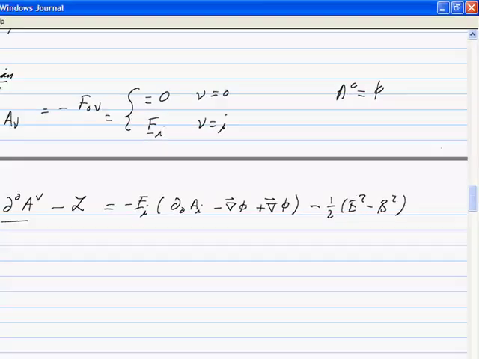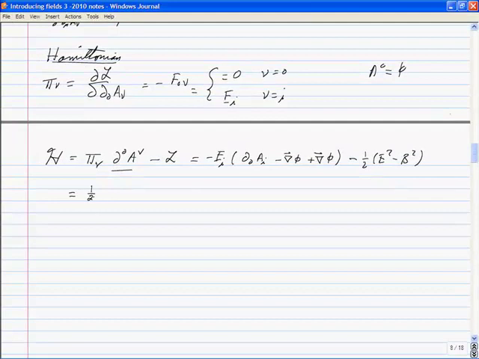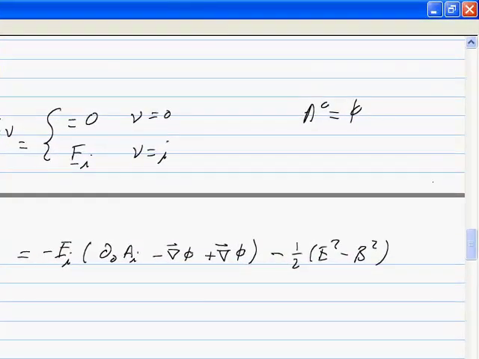So the first pieces go into 1/2 (E squared plus B squared), which is lovely. That's the energy density. And the only little complication left over is I have a plus E_i grad phi. So there, we just use vector signs. There we go.